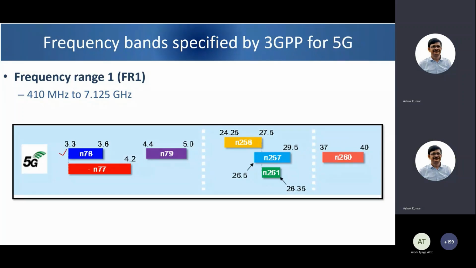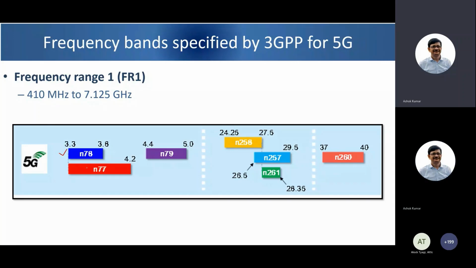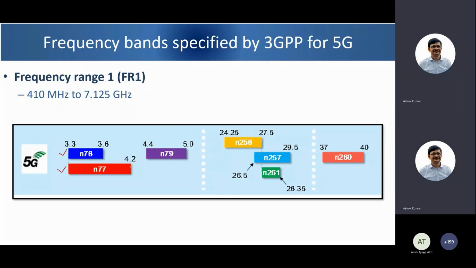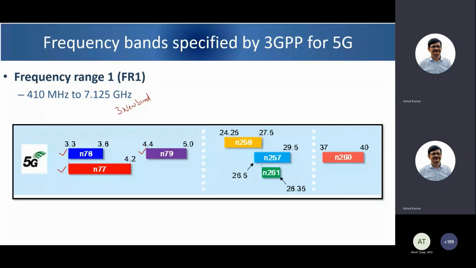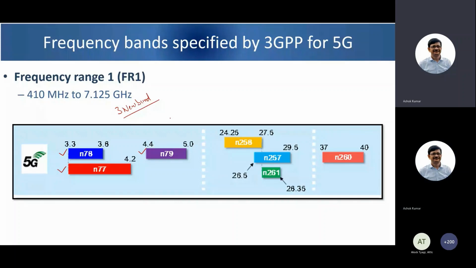Band N78 was a new band, band N77 is again a new band, and band N79 is again a new band. So three new bands in the FR1 range were identified, specified by 3GPP for 5G.